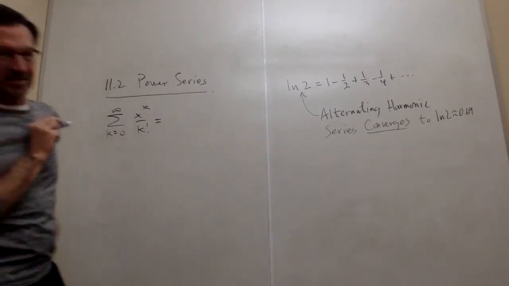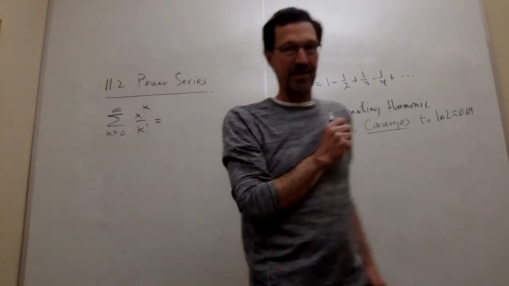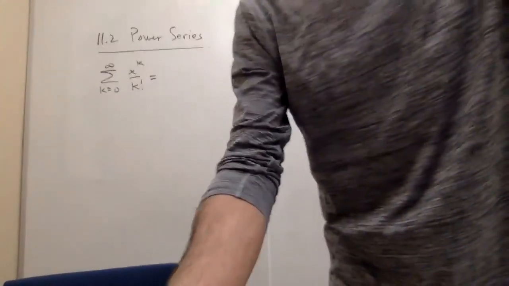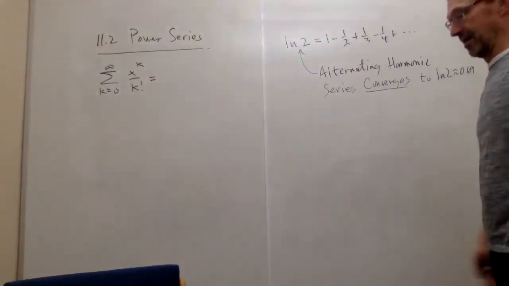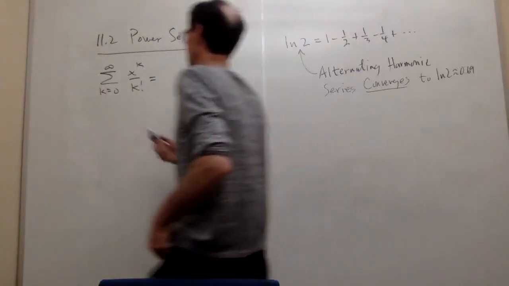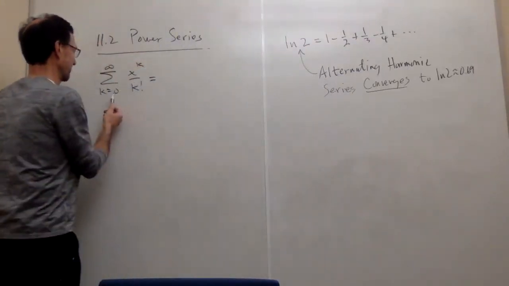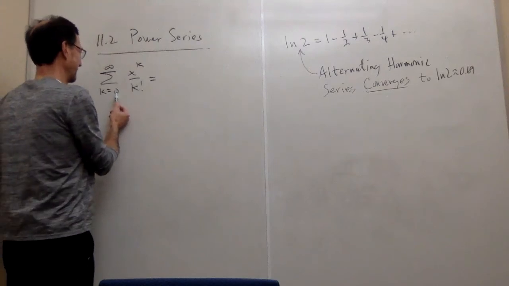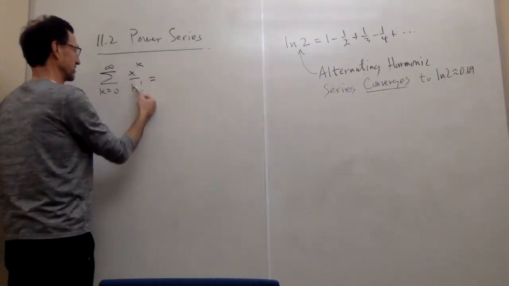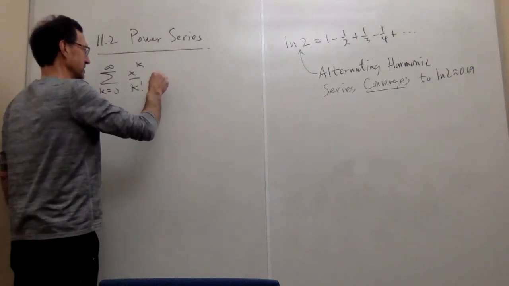I'll say in advance that this is probably the most important power series of them all. And we're going to discover why. Let's write the terms out, actually not just for the fun of it, it's going to make it easier. When k equals 0, x to the 0 is 1, and 0 factorial, surprisingly, is 1.